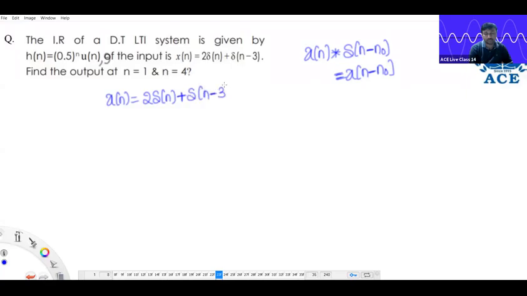Input is 2 delta[n] plus delta of n minus 3. System is 0.5 whole power n u[n]. Just convolve and write the output. Then you will know what the answer is at 1 and 4.